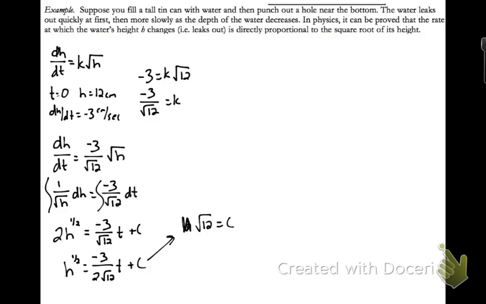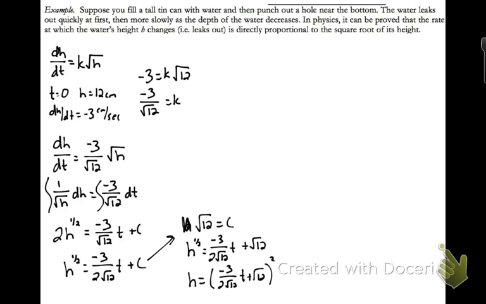So my equation is that h to the 1/2 equals negative 3 divided by 2 times the square root of 12 t plus the square root of 12. So h is this entire messy looking thing squared.